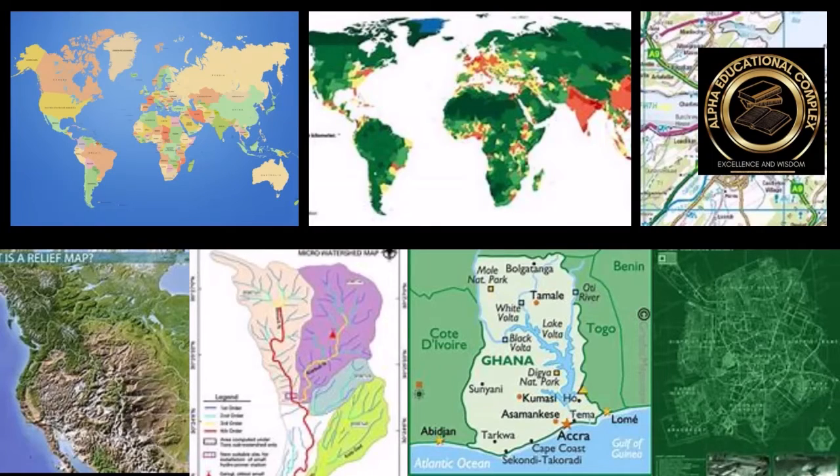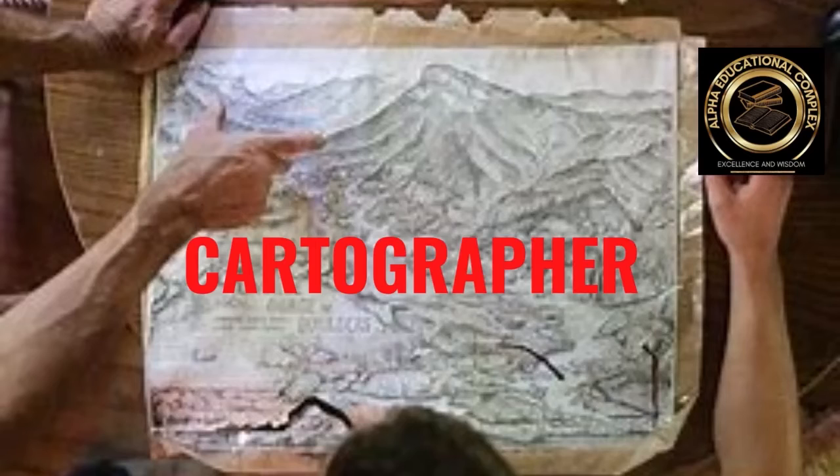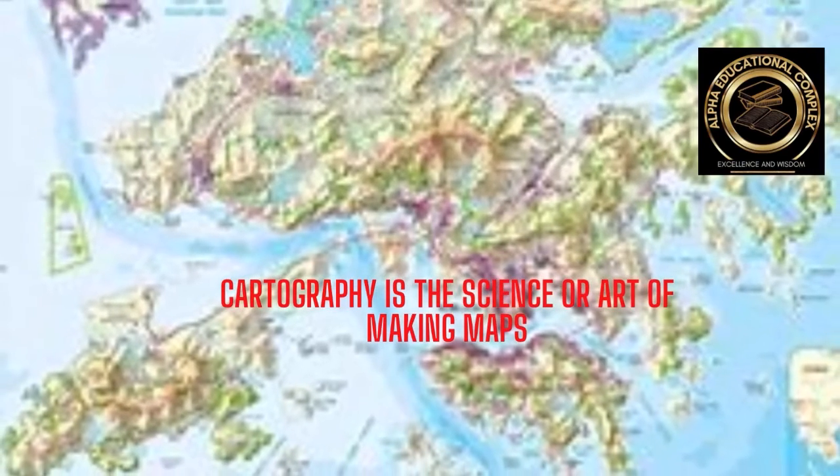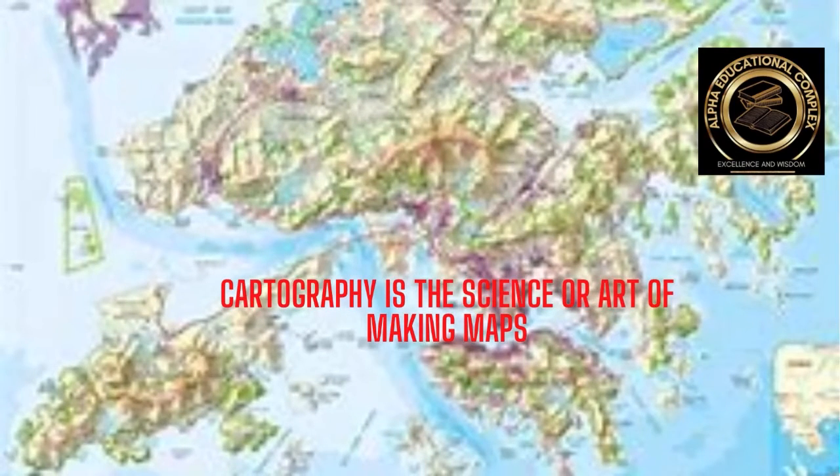So, who is responsible for making or designing a map? The person who designs or draws a map is known as a cartographer. Cartography refers to the art and science of designing maps, and the person responsible for drawing and designing maps is known as a cartographer.